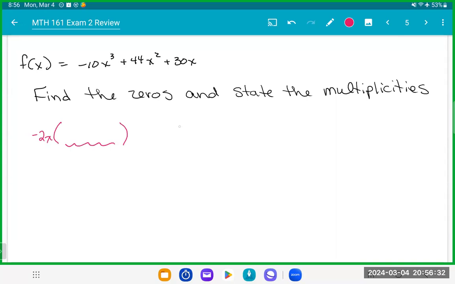You can factor that out and you'll get that your zeros in this case are 0, 5, and -3/5. They all have a multiplicity of 1. Okay. Any questions on finding zeros and multiplicity?